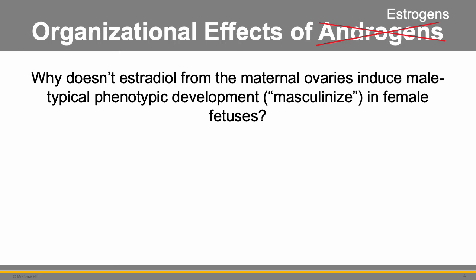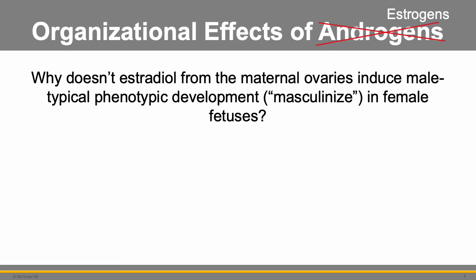So it's the estradiol that's causing these structures to look more like a male typical structure in a female. And so if estradiol is doing this, then why is it that in mammals, estradiol from the maternal ovaries is not doing the same thing?